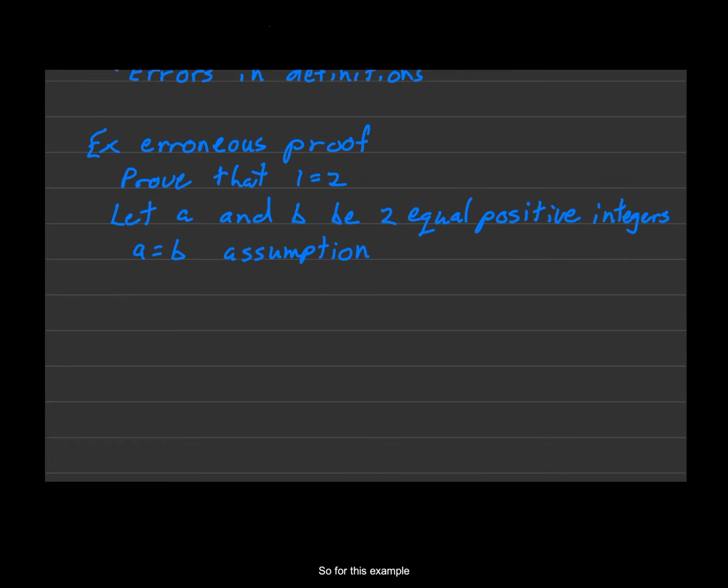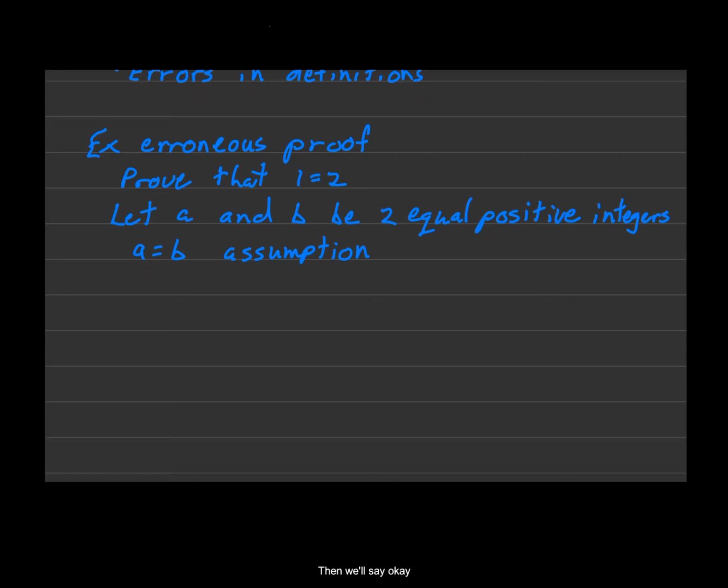So for this example, we're going to do an erroneous proof, and I'm going to say prove that 1 is equal to 2. To start with, we'll come up with our assumptions. Let A and B be two equal positive integers. So we'll say A is equal to B as our assumption.